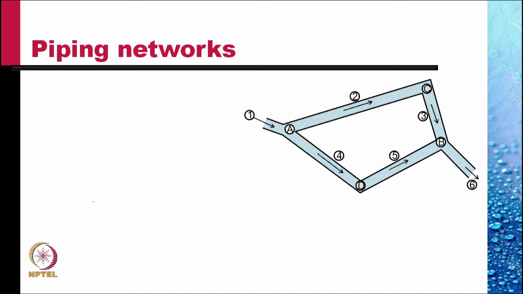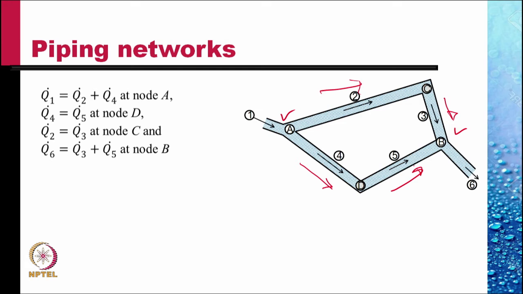consider a network in which between junctions A and B, there are two paths through pipe 2 and 3 and through pipe 4 and 5. So the above two rules translate into writing that at junction A, that node A, Q1 dot should be equal to Q2 dot plus Q4 dot.